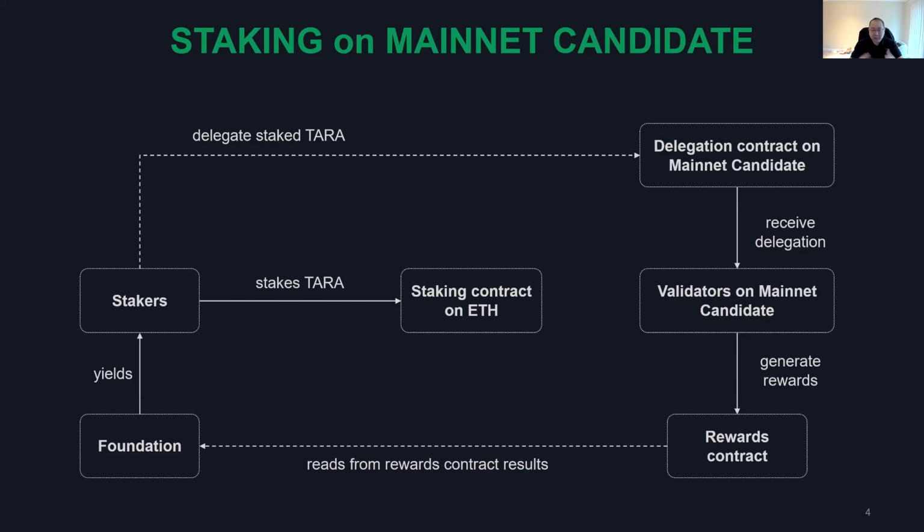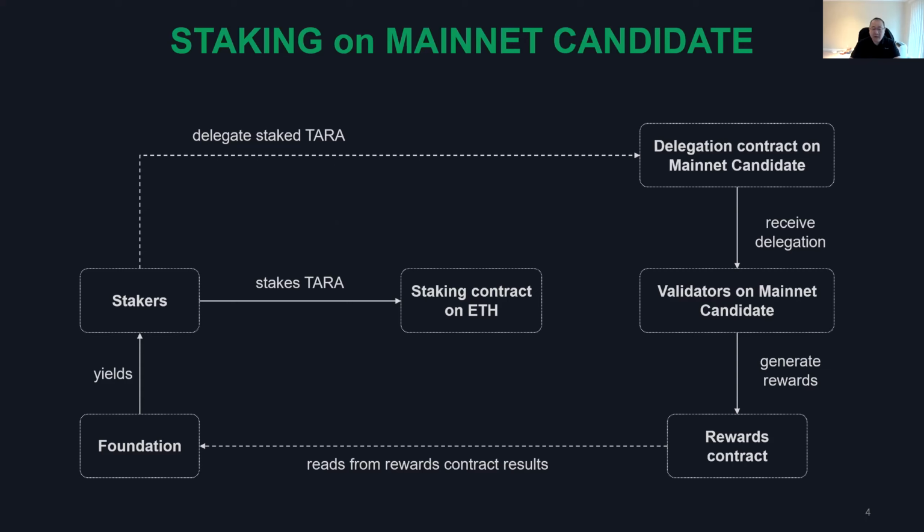So staking on the Mainnet Candidate is where we're actually connecting staking with operating a node on the Mainnet Candidate. So this is actually putting the stake to work. On this Mainnet Candidate, you still have the stakers staking their Taraxa onto the staking contract on Ethereum.